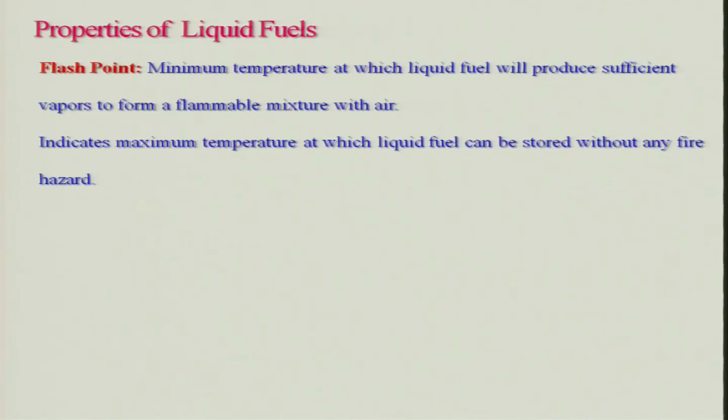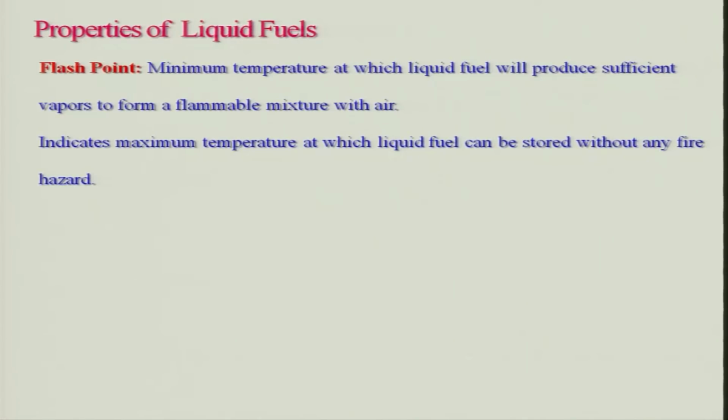There is another property known as flash point. Flash point is the minimum temperature at which liquid fuel will produce sufficient vapors to form a flammable mixture with air. Flash point occurring does not mean there will be self sustained combustion. It may have a flash, some kind of little fire, and after that it may extinguish.